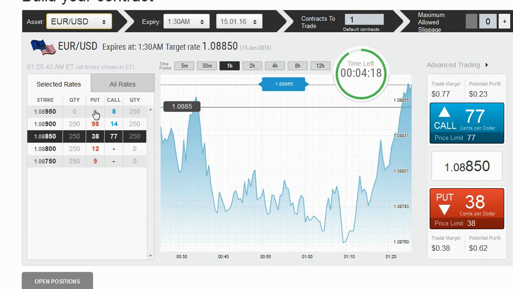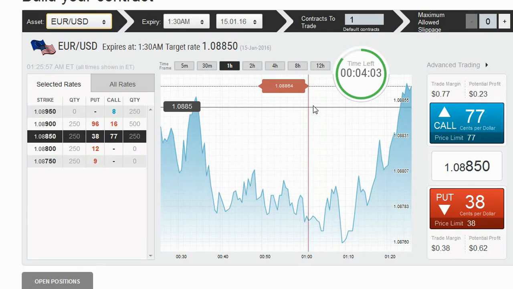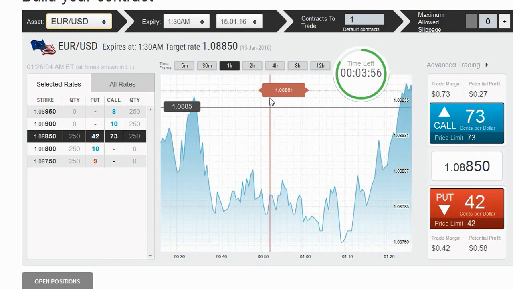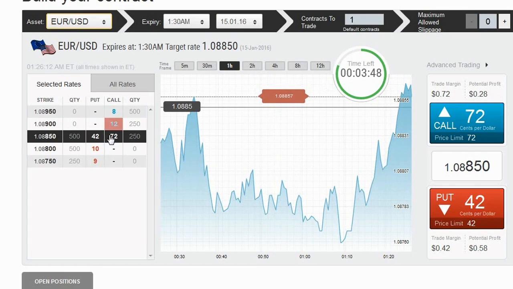We've obviously got a side that believes this particular market is going to be lower than this particular strike, and the side that believes that the market is going to be higher than this particular strike at the end of this time right here. And that's all available in this area.